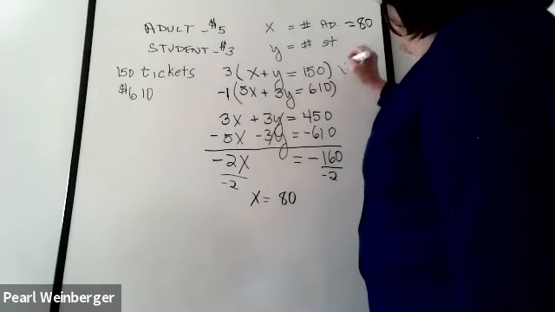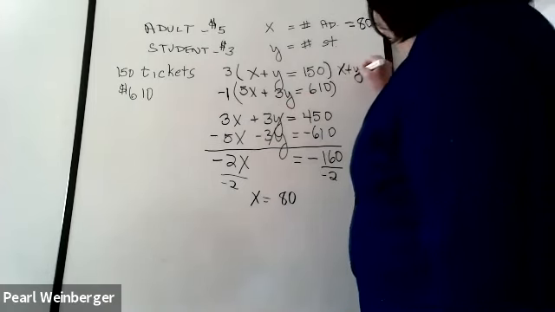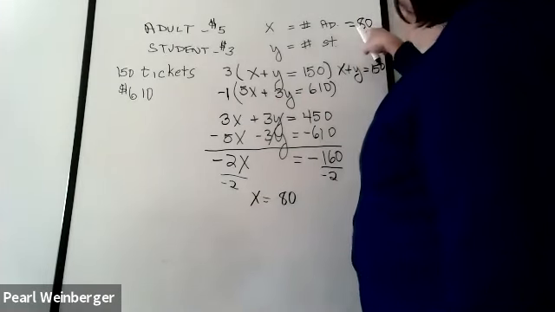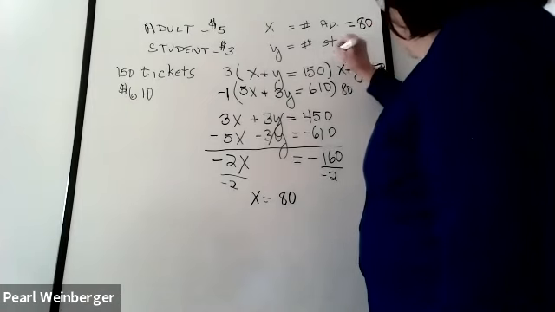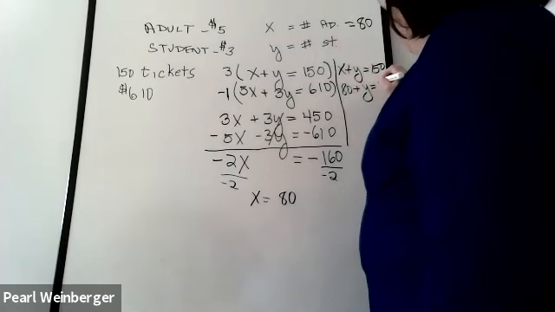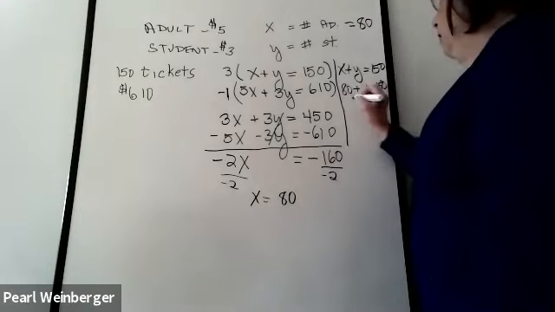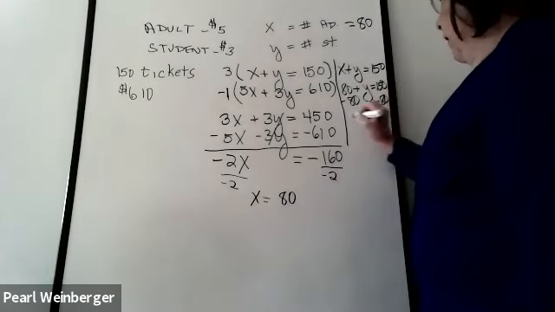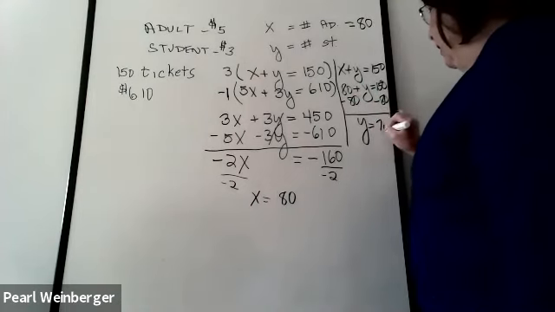x plus y equals 150. We now know that x is 80, so 80 plus y equals 150. And then subtract 80 from both sides, and that'll give me that y equals 70.